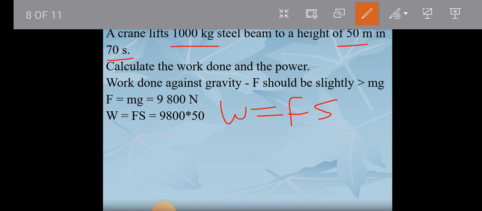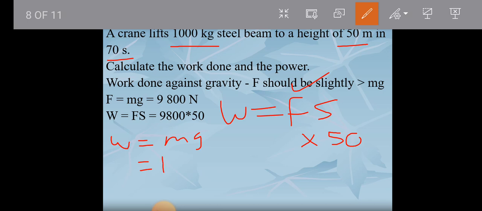Now, what is the given data? We have 50, which is the distance. So what is the force? The force is the same as the weight. Therefore, weight is equal to mg.